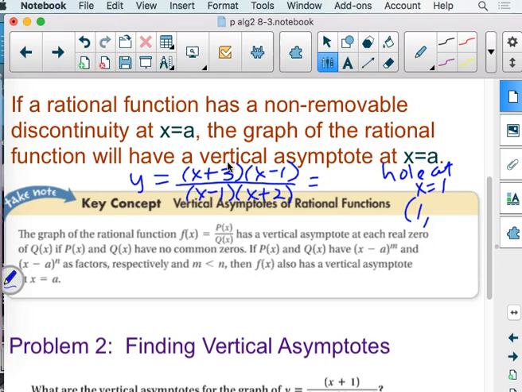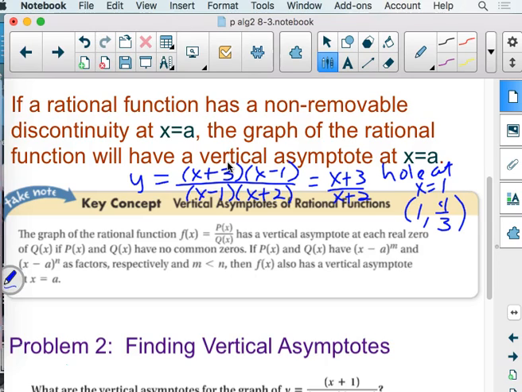Well, to find that, what you do is actually do the canceling and see what's left. And then plop the 1 in there and see what you get. So 1 plus 3 would be 4, and 1 plus 2 would be 3. So we would know to go ahead and put a hole on our graph at the point 1, 4/3. That way we wouldn't forget to put it on after we graphed it.